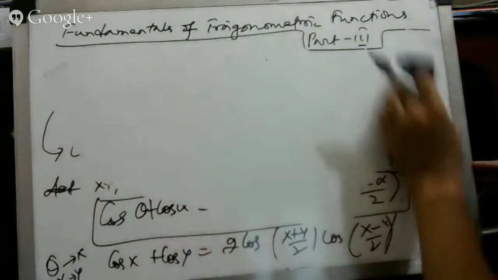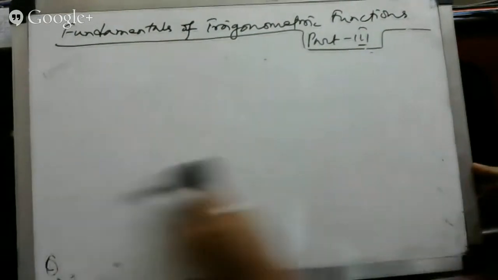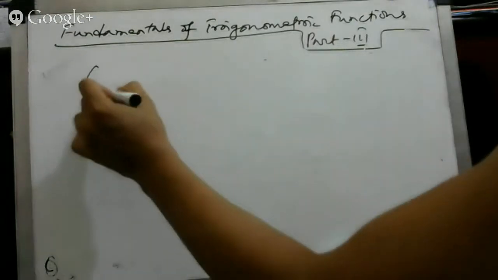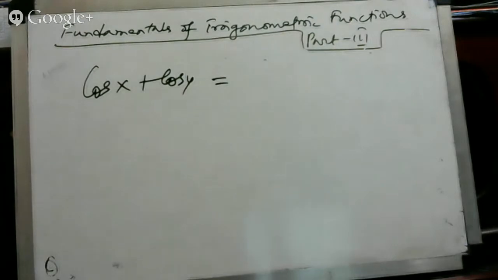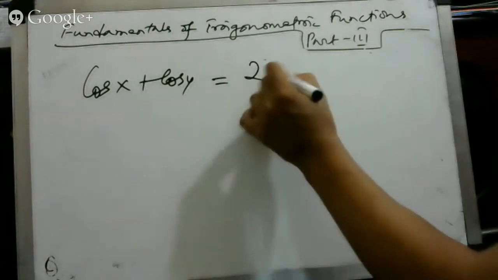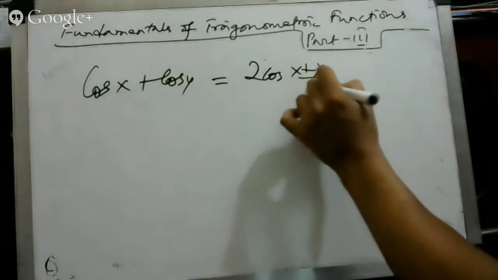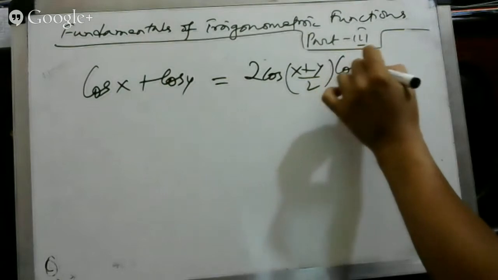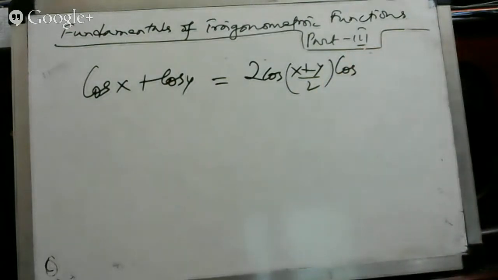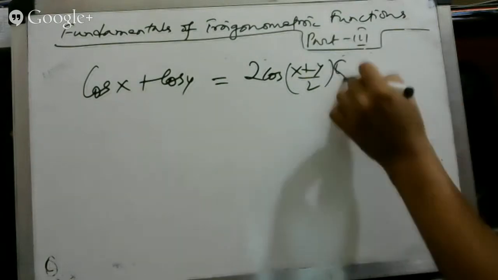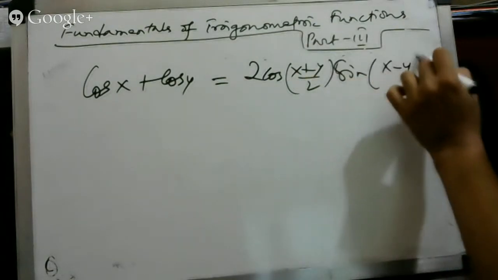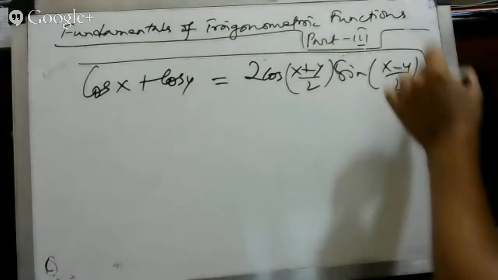So the identity which we proved just now, cos x plus cos y is equal to 2 cos of (x plus y) divided by 2 cos of (x minus y) divided by 2.